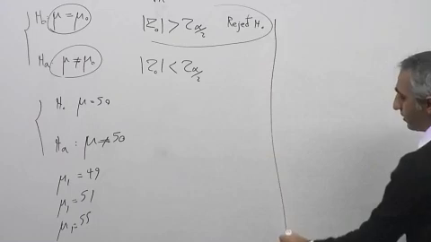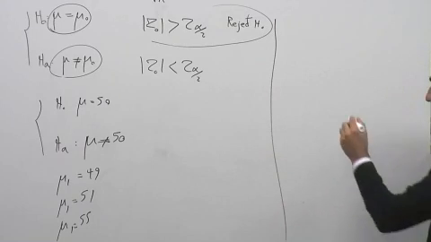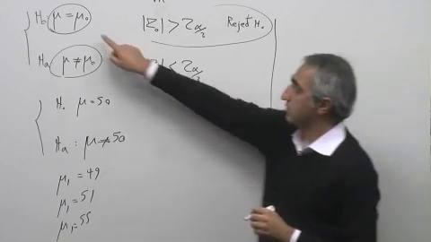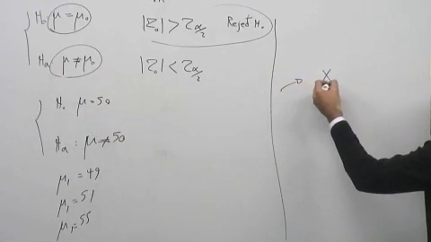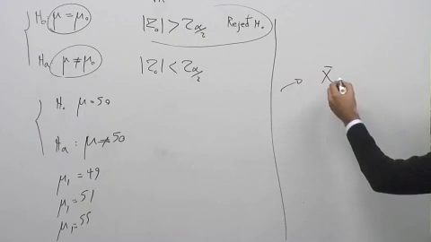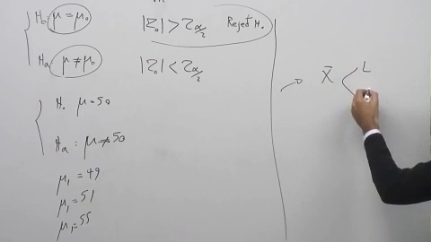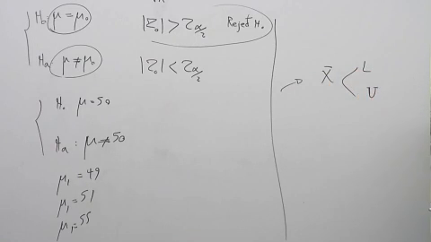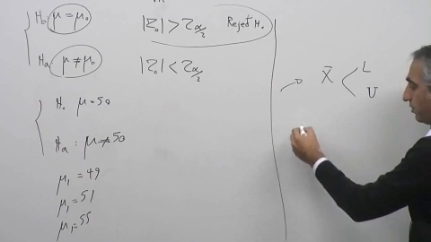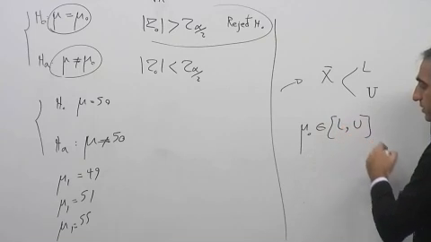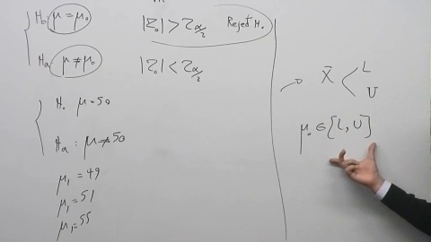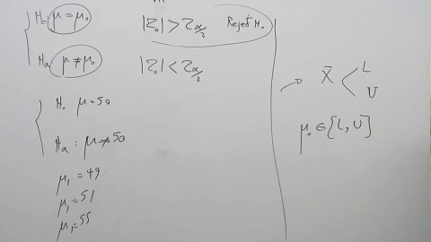So forget about alpha and beta for a moment. Let's say this is your mu equal to mu0 and mu is not mu0. You get a sample, x bar, and based on that, you find some lower and upper limit. If your mu0 belongs to this lower and upper limit, then you cannot reject H null. Otherwise, you reject H null.